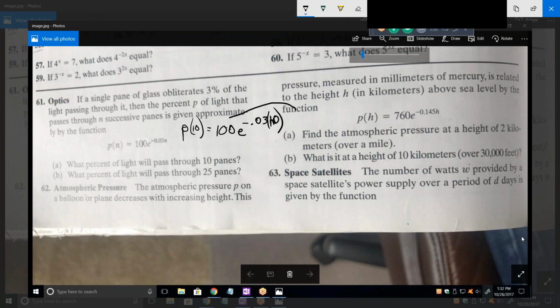Now, that number you need to get out of your calculator. Can you do that? Okay. So I got 74.0818.